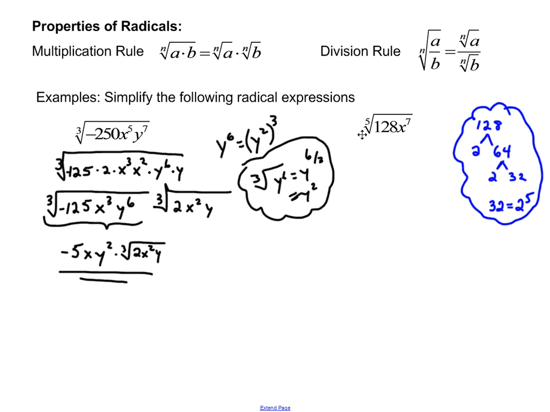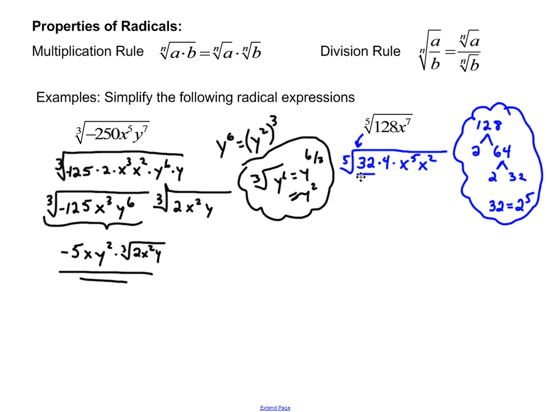So if I'm rewriting this second one, it's going to be a fifth root of 32, which is a perfect fifth power, times 4, times x to the seventh, which is the same thing as x to the fifth times x to the second. Remember, it's always addition with exponents, and so we divide it up as x to the fifth times x to the second.